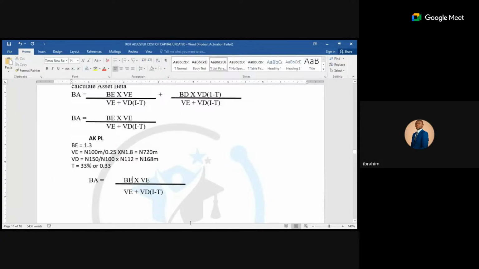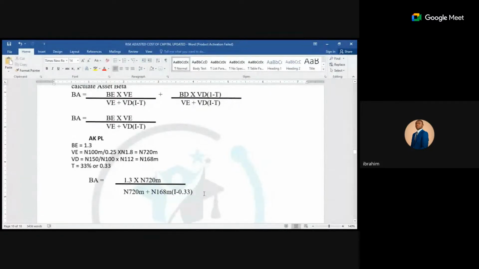So BE 1.3, value of equity 720, value of debt 168. So the tax 0.33.